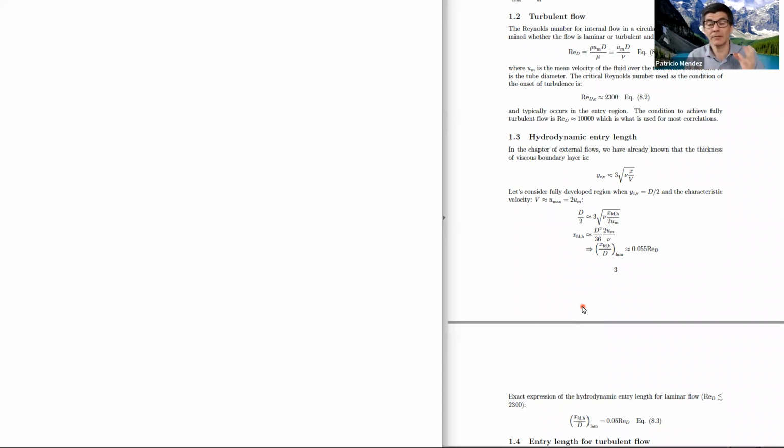The critical Reynolds number based on the diameter, Reynolds D, for turbulence is 2300. It's a very different number, but the number in itself doesn't have a particular meaning. It's just when the transition to turbulence happens.